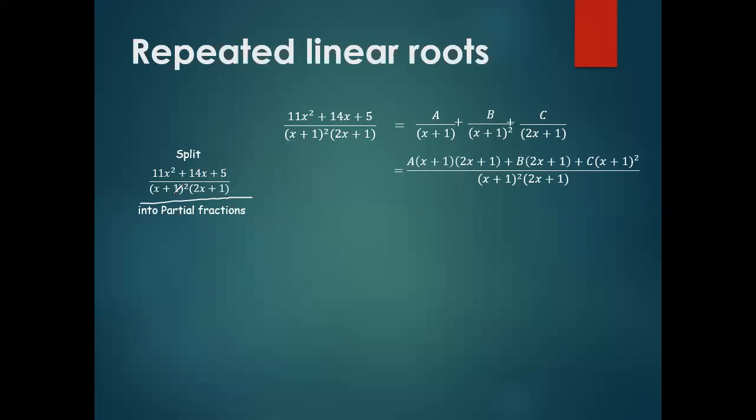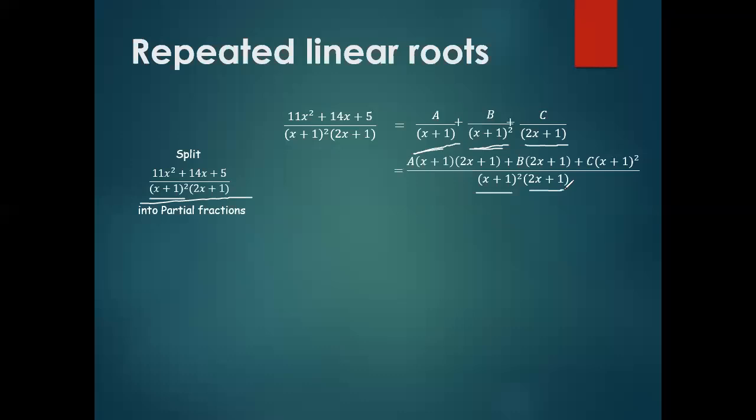Now for A and B, because we have (x plus 1) squared, first term will be x plus 1, second term will be (x plus 1) squared. Then for the LCM, you see already x plus 1 is in (x plus 1) squared. Then we have 2x plus 1. So LCM will be (x plus 1) squared times (2x plus 1).